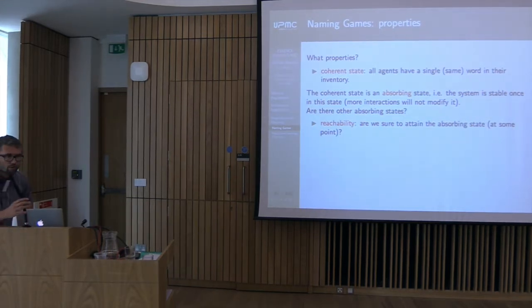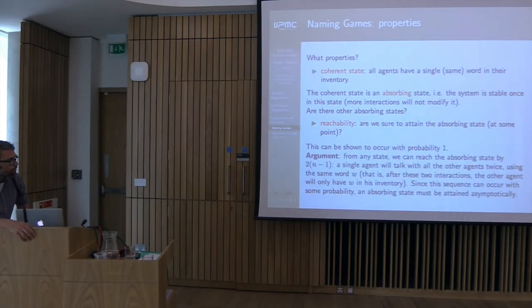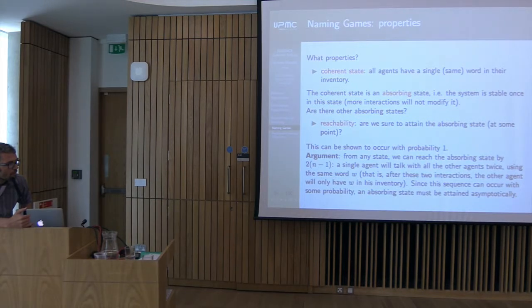But are we sure that we will reach this absorbing state at some point? Well, it's a reachability question that we would like to guarantee, and in the long run this is the case for probabilistic reasons; it can be shown to occur with probability 1. Why? Because from any state, there is always a way to reach this absorbing state. For instance, a single agent talks with all the other agents twice, using the same word.